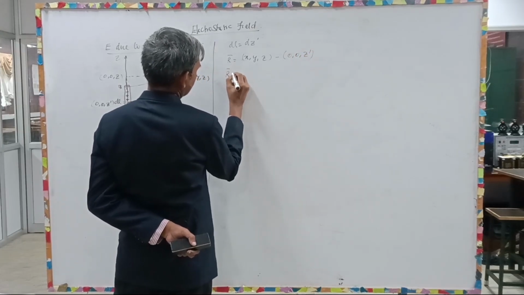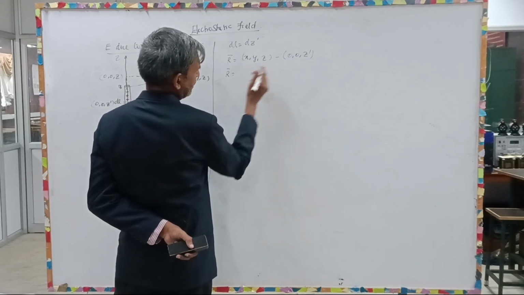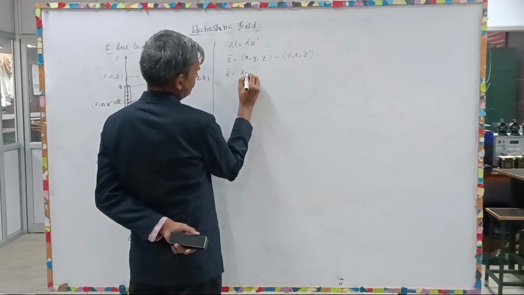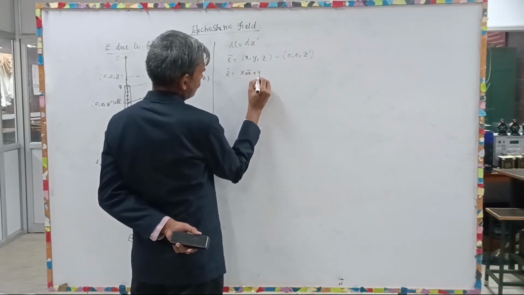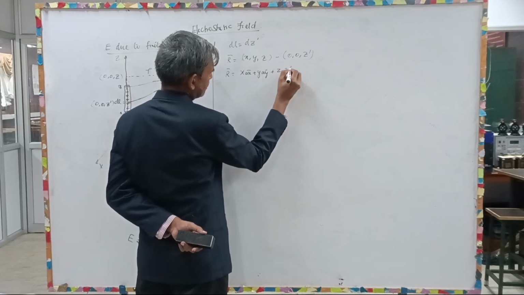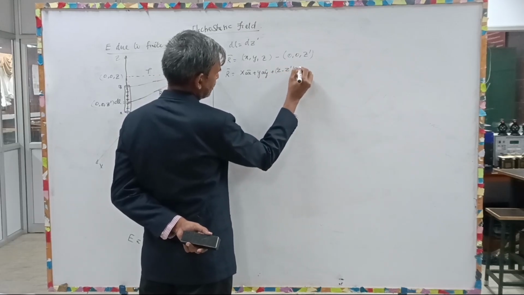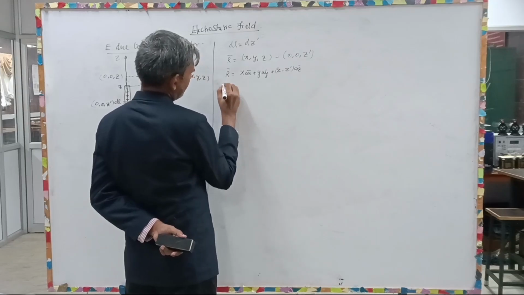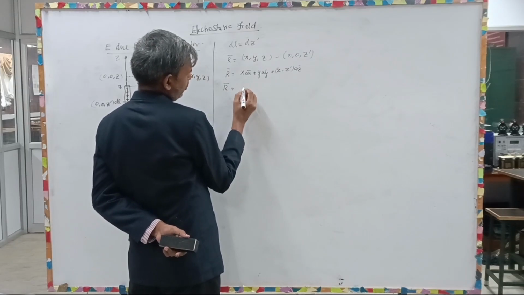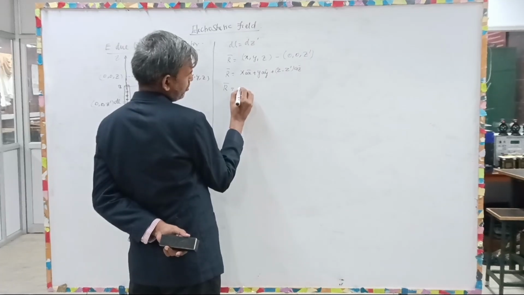So the r vector is equal to, taking the vector subtraction, x into ax plus y into ay plus z minus z dash into az.